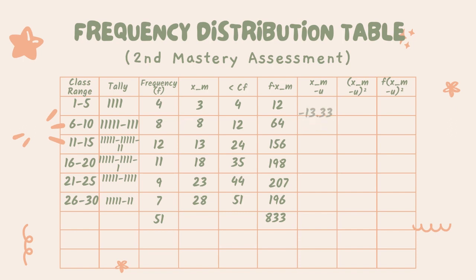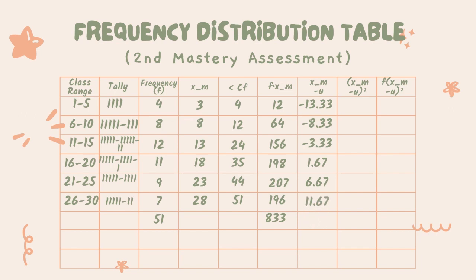Then next, 8 minus 16.33 is equal to negative 8.33. 13 minus 16.33 is equal to negative 3.33. 18 minus 16.33 is equal to 1.67. 23 minus 16.33 is equal to negative 6.67. And lastly, 28 minus 16.33 is equal to 11.67.